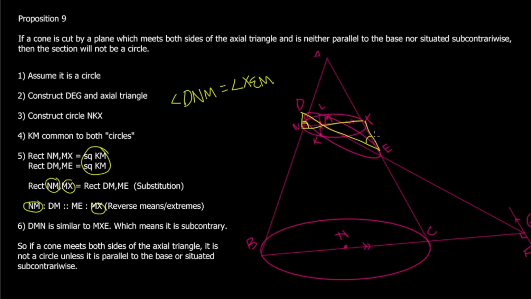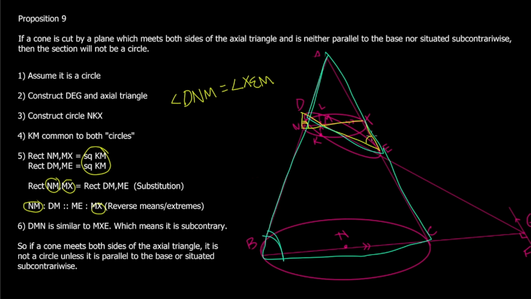Now we've just shown that this angle is equal to this angle. So let's draw out this triangle, and this triangle is made with the cutting plane this time, which we have assumed is a circle, and we have assumed that it is not subcontrary-wise. So in this triangle you can see that this angle would be equal to what we just proved this angle is equal to this angle.